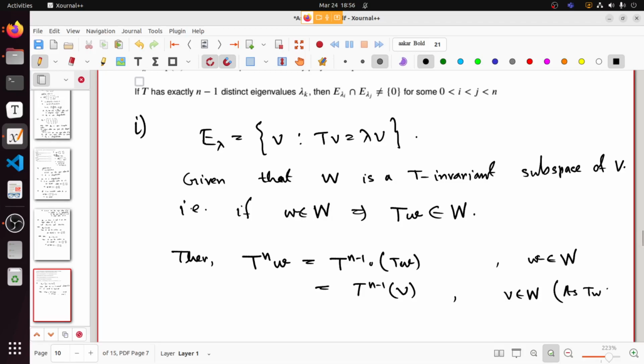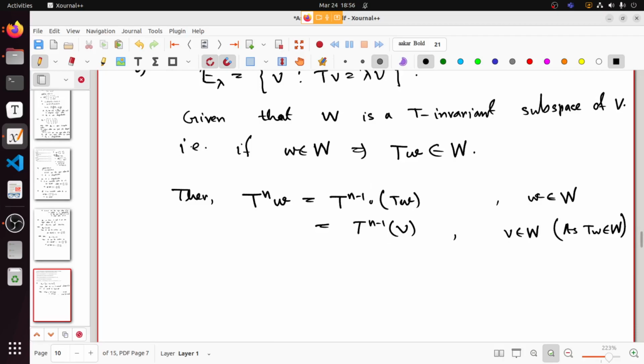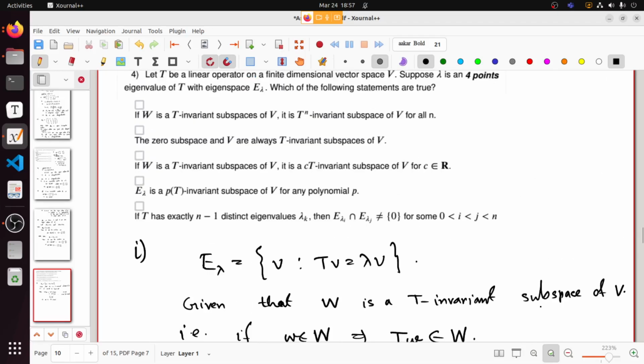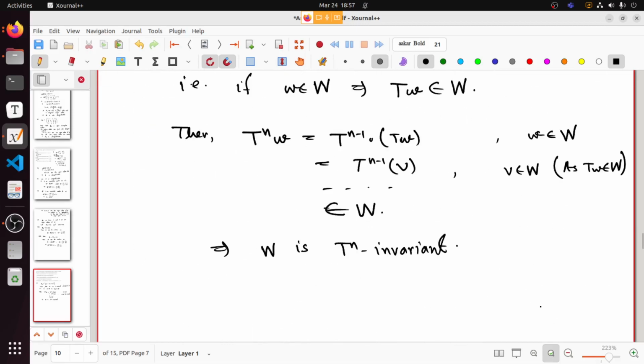If you do another step, you will get that this belongs to W. So you have shown that if W is T invariant, then W is also T to the power n invariant. So the first option is correct: W is T to the power n invariant subspace for all n.